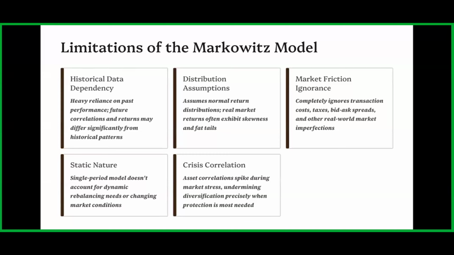Next one is crisis correlations. Asset correlations spike during market stress, undermining diversification precisely when protection is most needed.